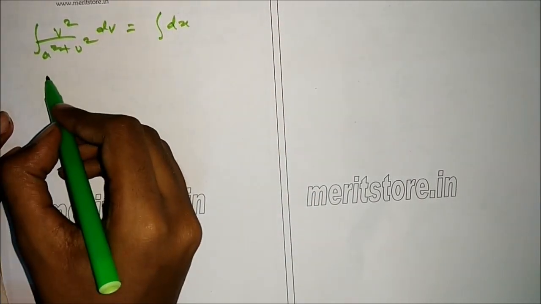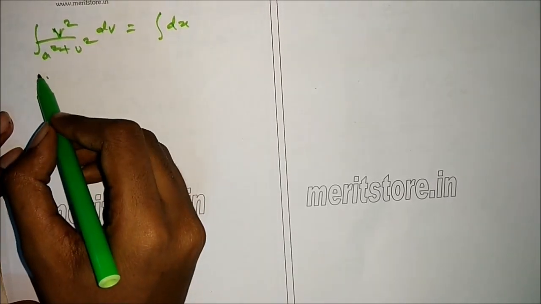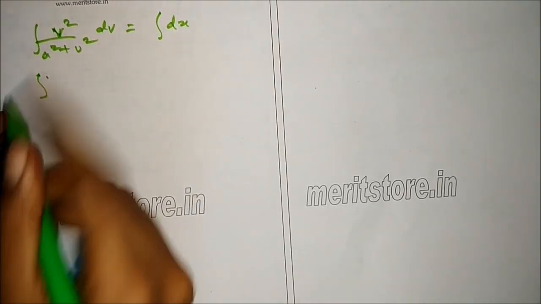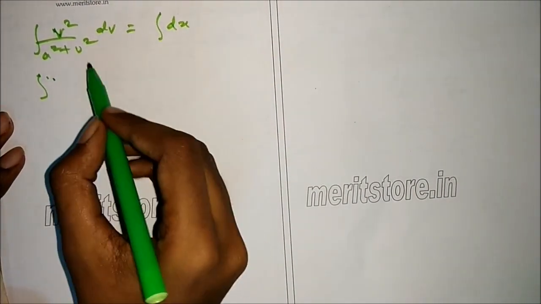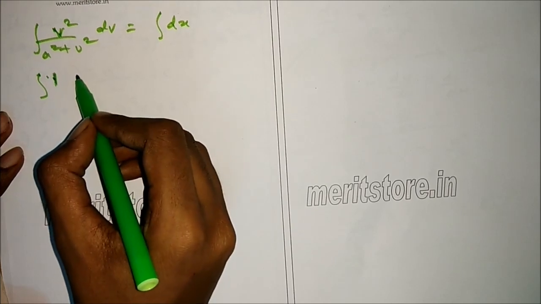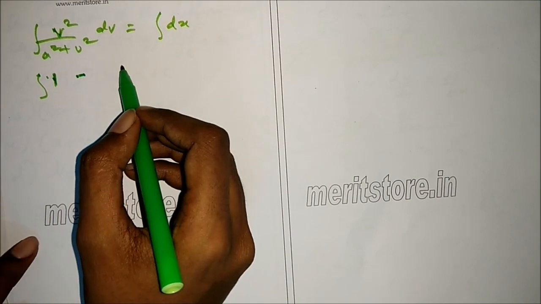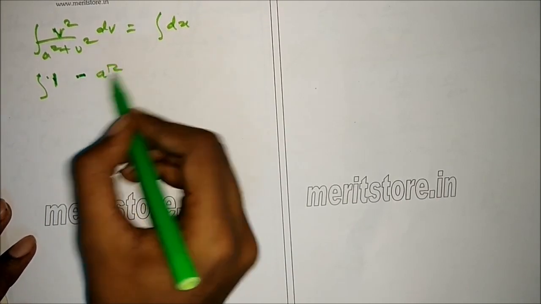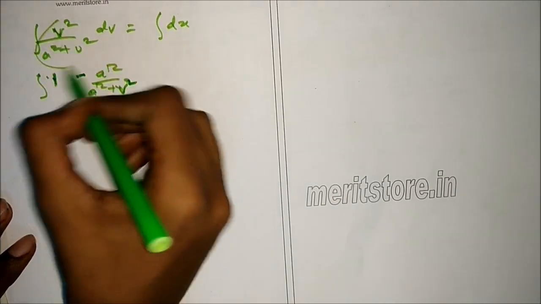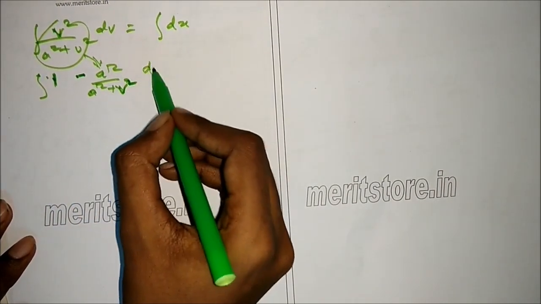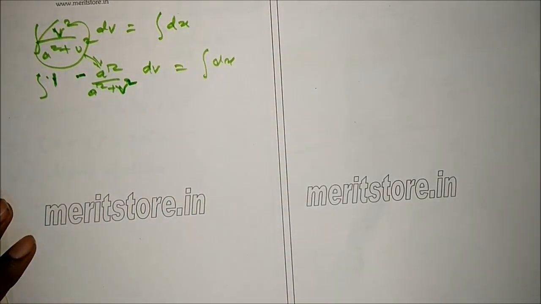So integrating, now we can simplify this as integration of 1 minus a square upon a square plus v square, the alternate form for this, into dv, and this is integration of dx.